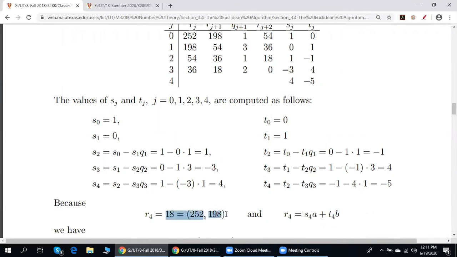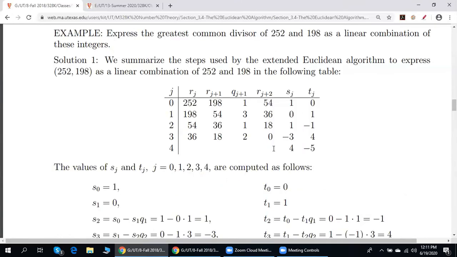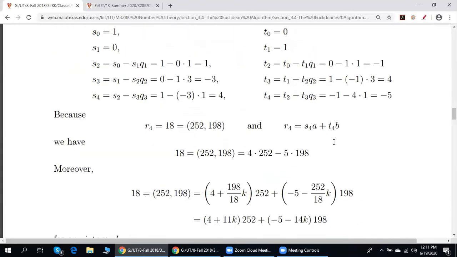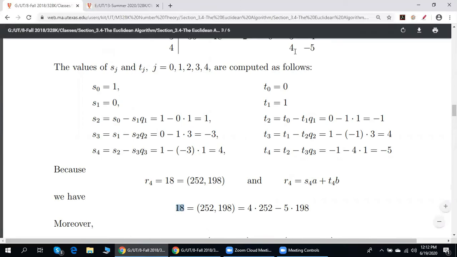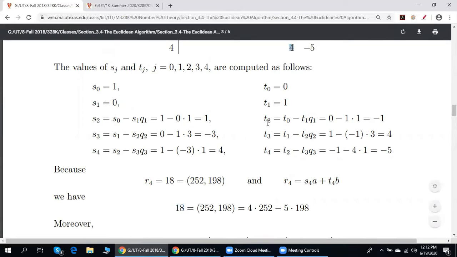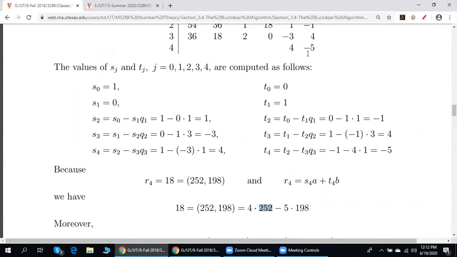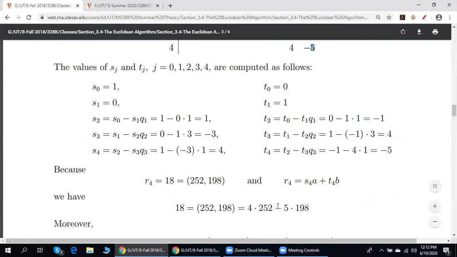It's over here. But this table gives us additional information. Please take a look at these two numbers. It turns out that 18 is equal to 4, which is over here, times 252 minus 5 times 198.